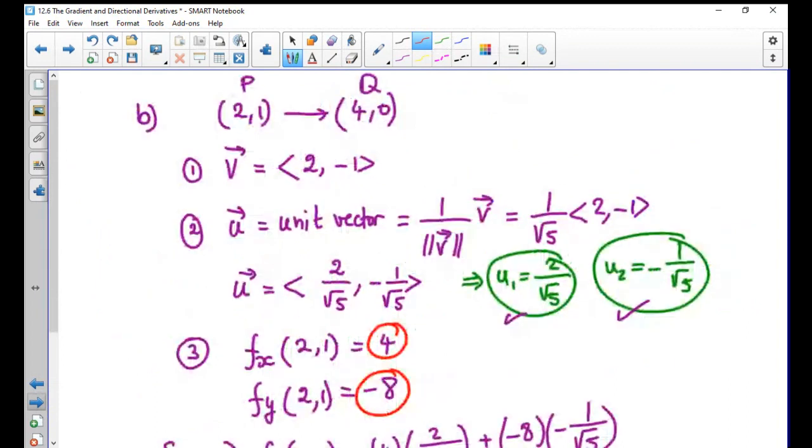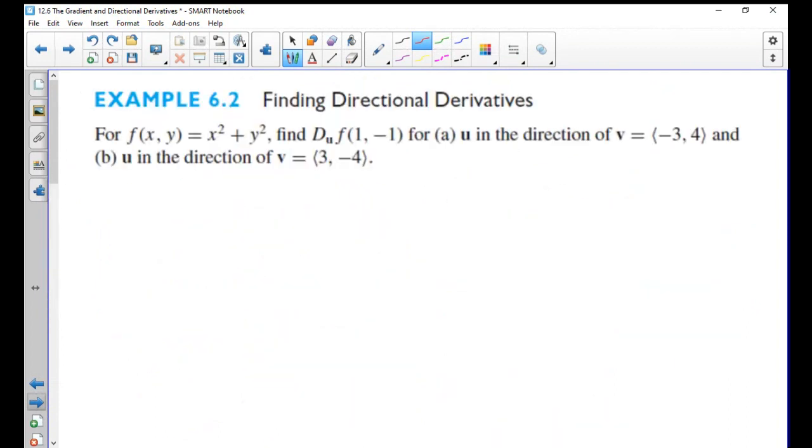Okay. Now, here is another example. We have a function f of x squared plus y squared this time, and I want to find the derivative of this function in the direction of the unit vector u, where u is in the direction of the vector v.